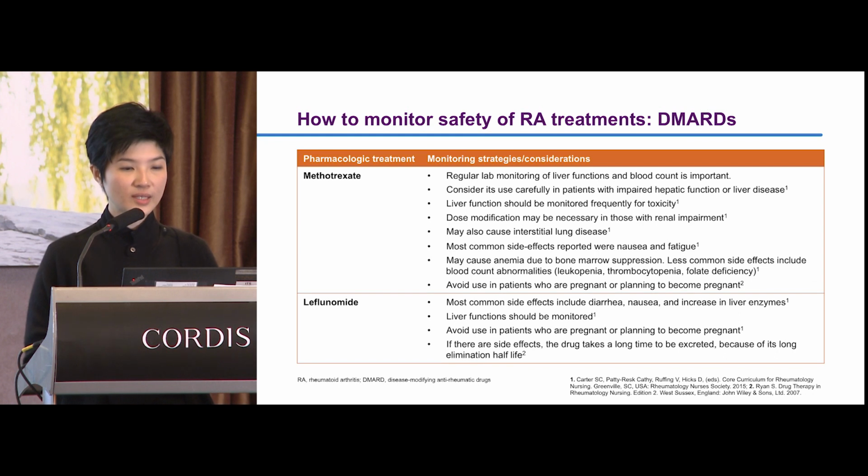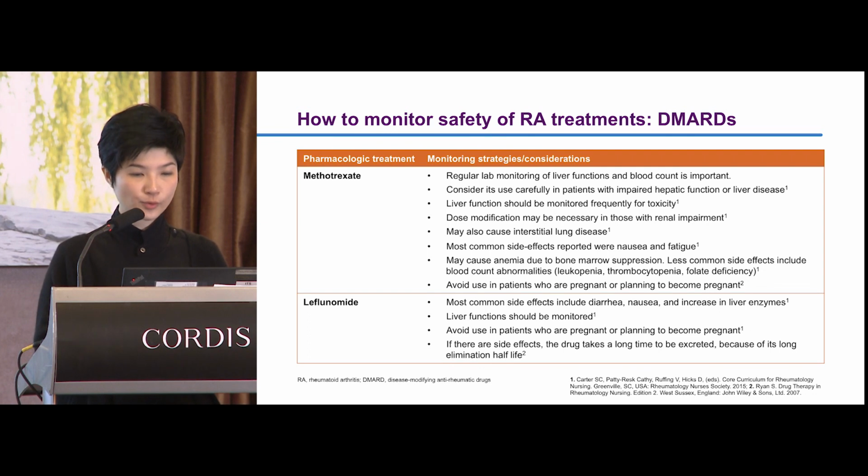Dose modification may be necessary in those with renal impairment, and it may cause chest symptoms such as interstitial lung disease and pneumonitis. But the most common side effects reported are on the GI side, which are nausea and fatigue. It may also cause anemia due to bone marrow suppression. Less common side effects include blood count abnormalities, and we should avoid using it in patients who are pregnant or who are going to start their family.